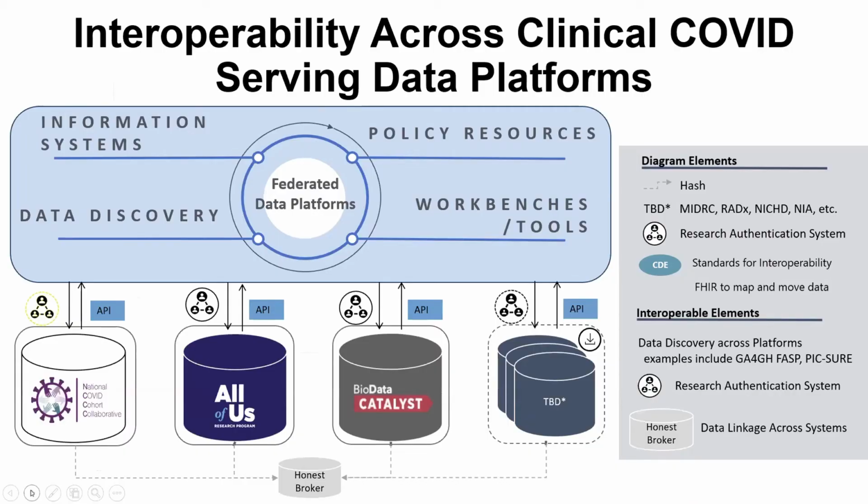And in order to create an interoperable way to serve that data to researchers, we are federating across these platforms. And this has required a number of new capabilities, of which I'm going to tell you about two that we've either stood up or are in the process of standing up.